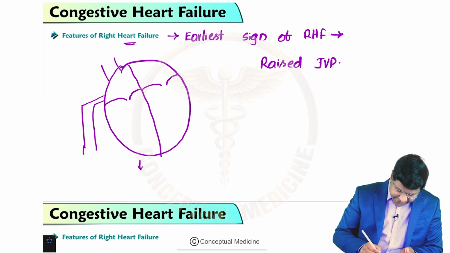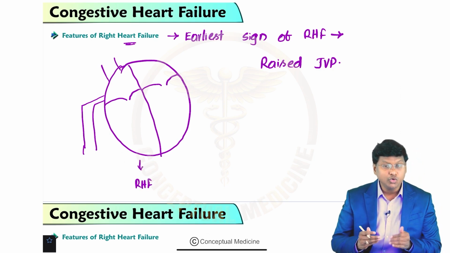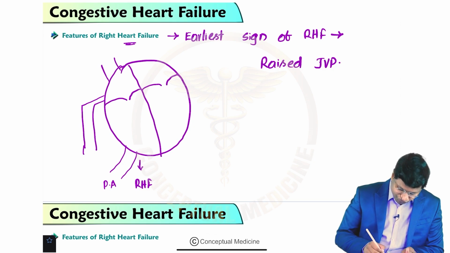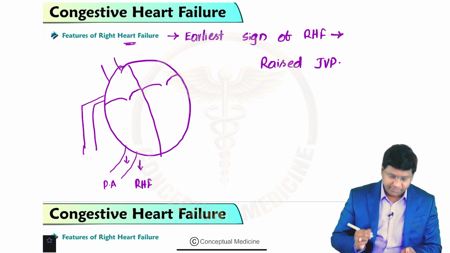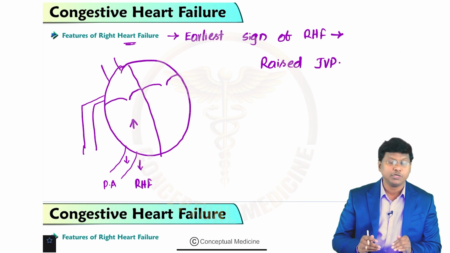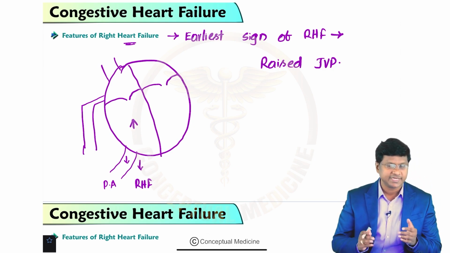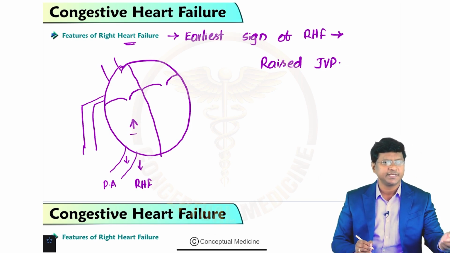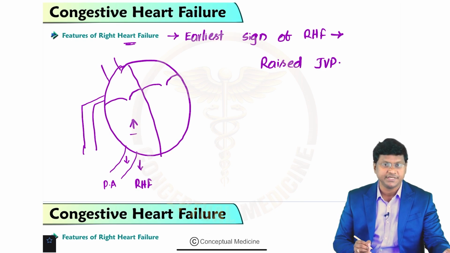Whenever there is right heart failure, the output from the right heart into the pulmonary artery will be reduced. So there will be an increase in the volume of blood in the right ventricle because the right ventricle has failed, and thereby the pressure within the right ventricle increases; right ventricular end diastolic pressure increases.